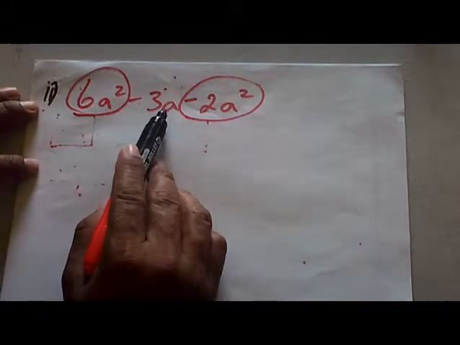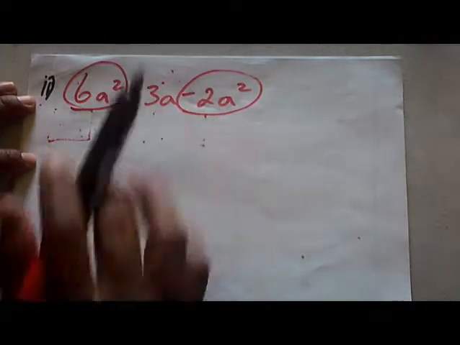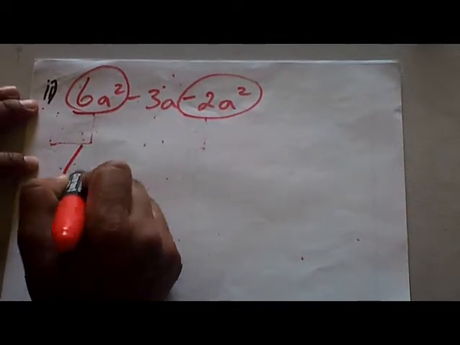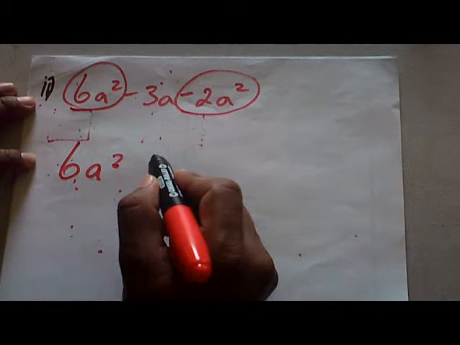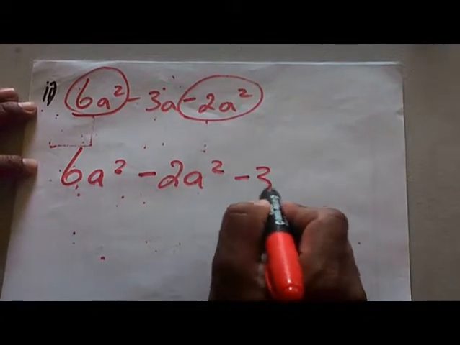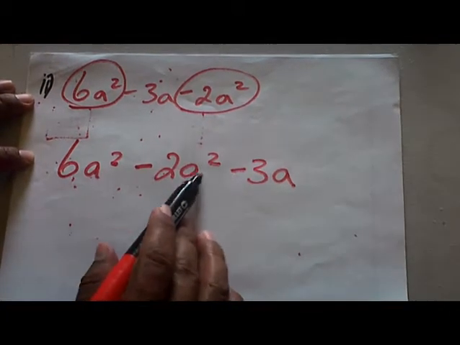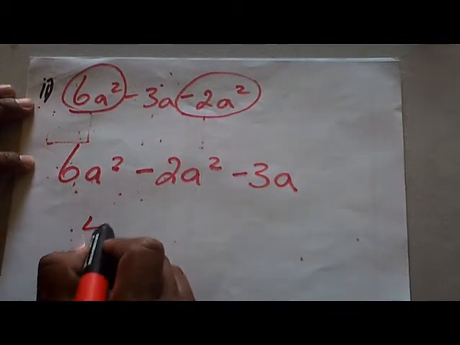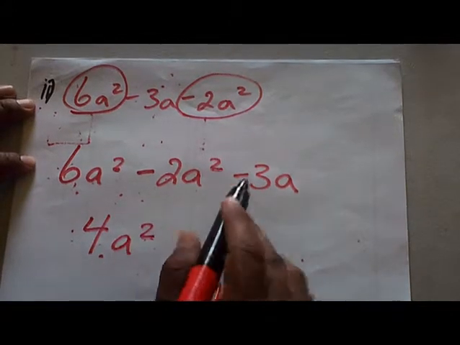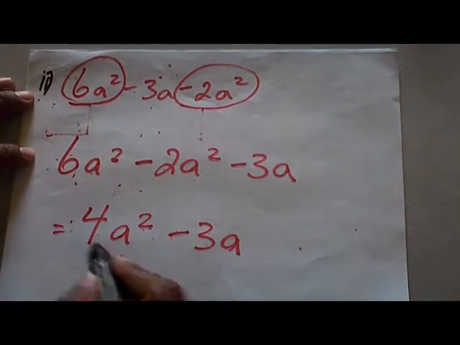There is no other term listed as a, therefore we can just leave 3a by itself, and we will say 6a squared minus 2a squared minus 3a. 6a squared minus 2a squared can be subtracted, therefore we get 4a squared, and the 3a remains the same, and this is our answer.